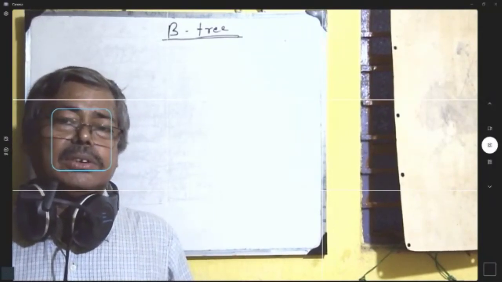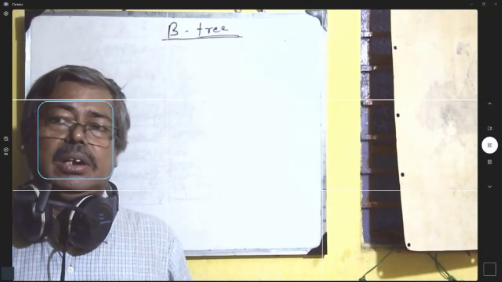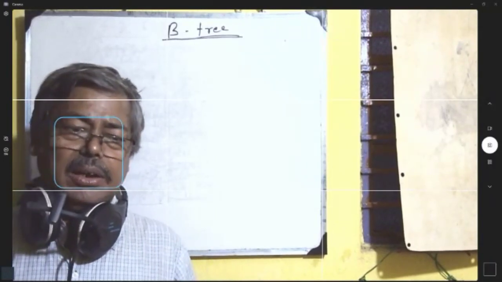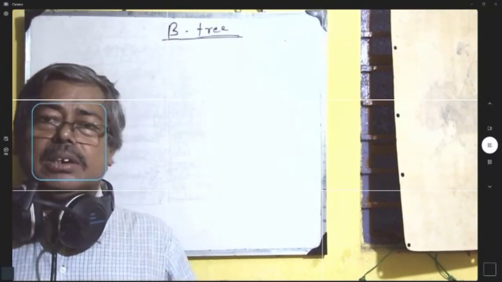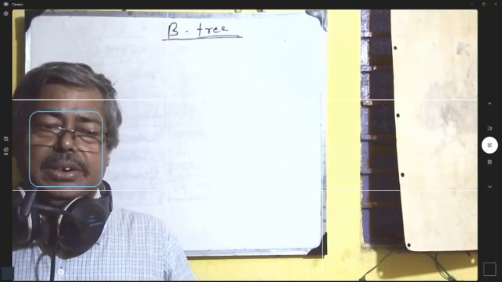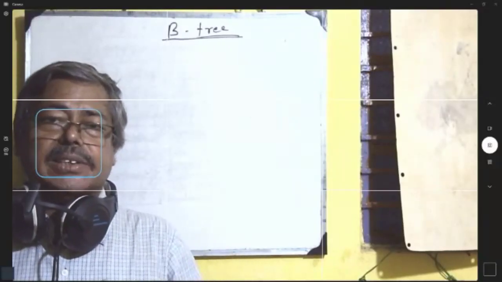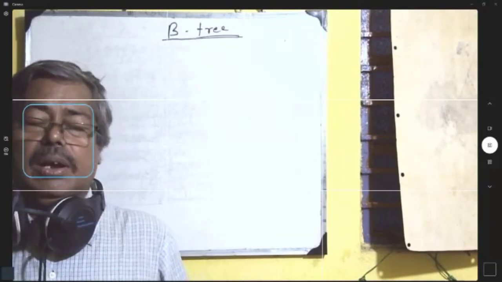This type of tree, that is the B tree, is a balanced tree, because when we enter data, starting from the comparison at the root node, the data is automatically compared with the other nodes and arranged in ascending order, from lowest to highest.